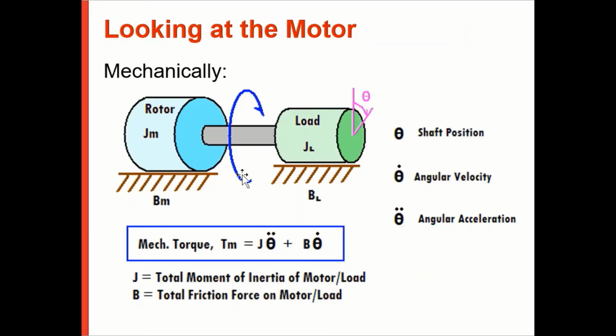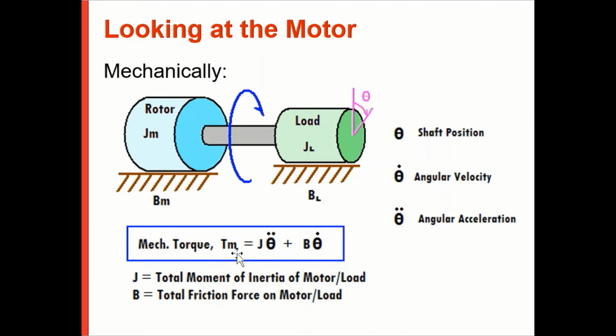So if we think of a motor here and a rotor, it's got some moment of inertia J, and it's running against a load, and it's got some shaft position theta. Theta dot is the angular velocity. Theta double dot is the angular acceleration. So we can now apply F equals ma to a rotational system.